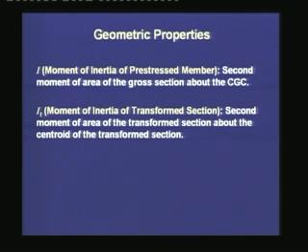And the second one is a more refined calculation of the moment of inertia, that is the moment of inertia of the transformed section, where the second moment of area is calculated about the centroid of the transformed area. Now, the first one, I, is a simplified form of the second one, which is IT.